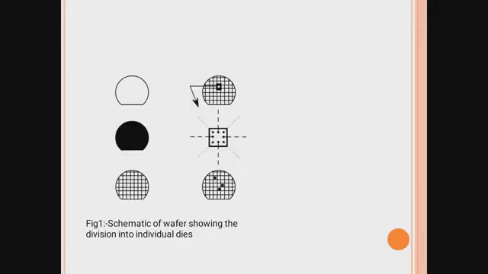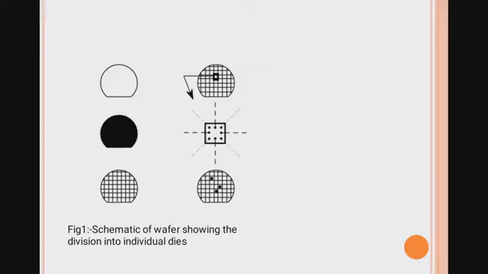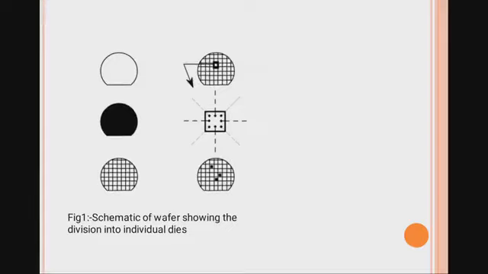This is the schematic diagram of the wafer. These are the basic structures of a wafer, and this is called the notch point. With the help of this notch, we can locate the particular orientation of integrated chips or die fabrication.